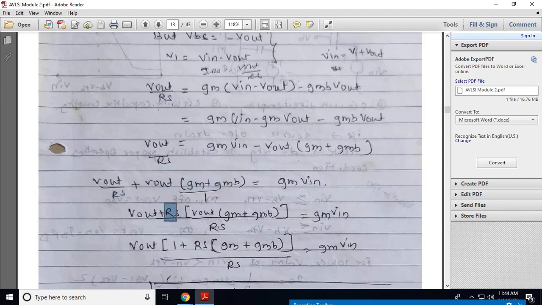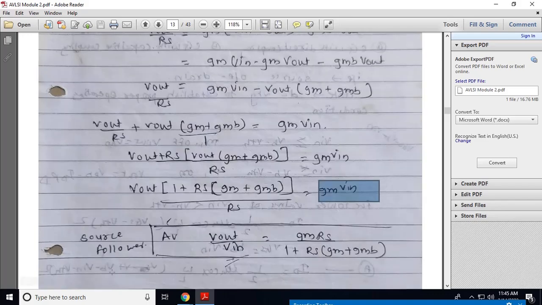So RS multiplied by V out multiplied by GM plus GMB divided by RS is equal to GM into V in. Now again in this equation V out is common, we can take V out common. So it is 1 plus RS into GM plus GMB divided by RS is equal to GM into V in.